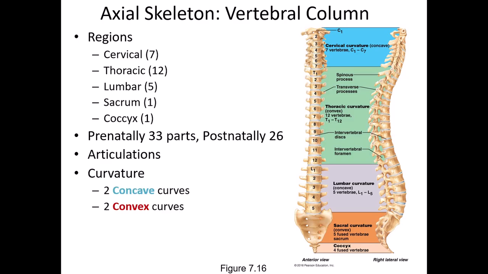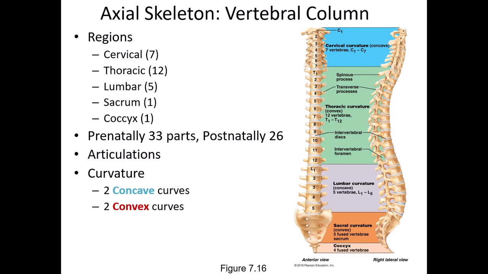When we look at the vertebral column as a unit from a lateral view, and we follow the curvature along the dorsal side, and remember, we can always tell the dorsal side easily because of those spinous processes sticking out. That always shows us the dorsal side. If you run your fingers along your own back, you feel those little bumps right along the midline.